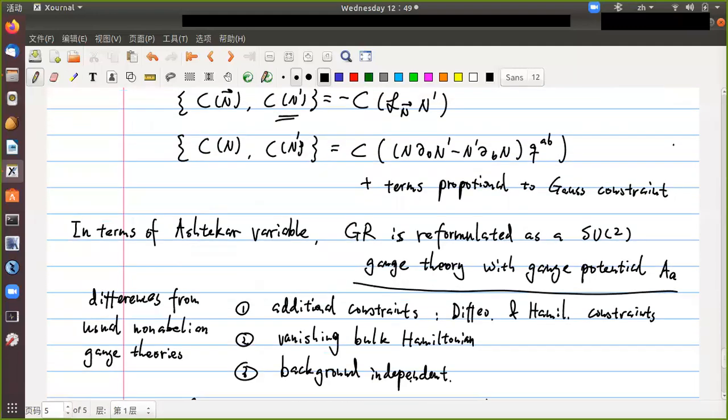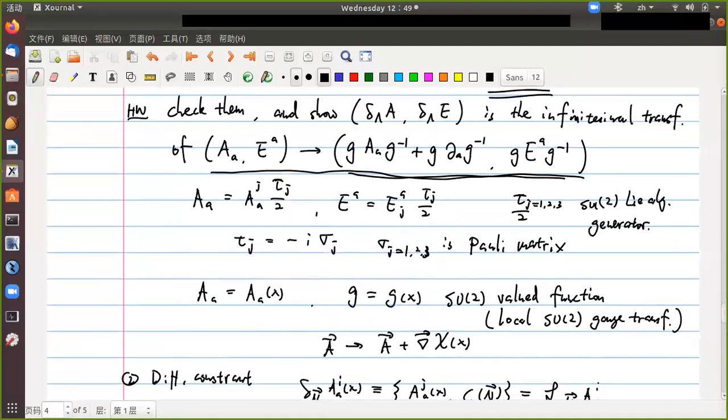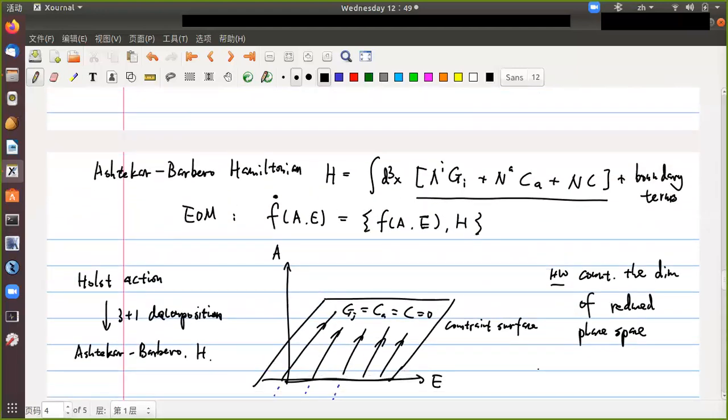There is one thing I think I forgot to mention: in general relativity, the bulk Hamiltonian is vanishing on the constraint surface, and this is usually called the problem of time in general relativity. Because you have zero Hamiltonian, time translation is just a gauge transformation, which means in general relativity there's no sense of time. So in the quantum theory, it causes some problems, and we have to make some effort to avoid this kind of problem.